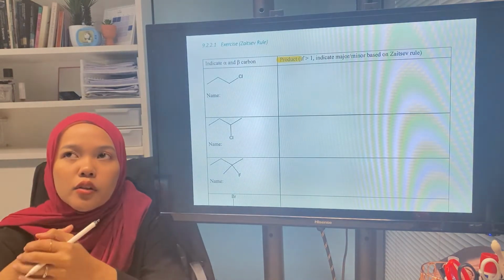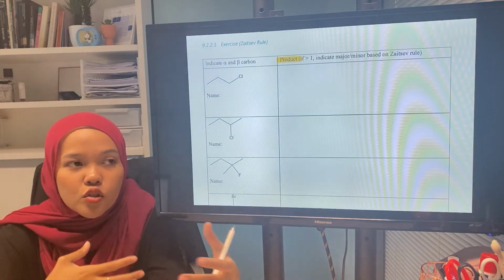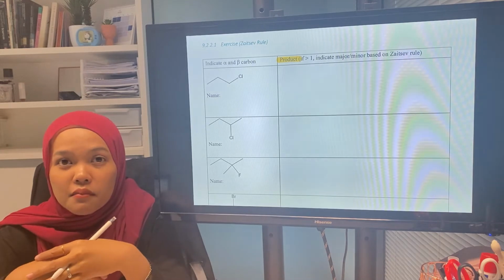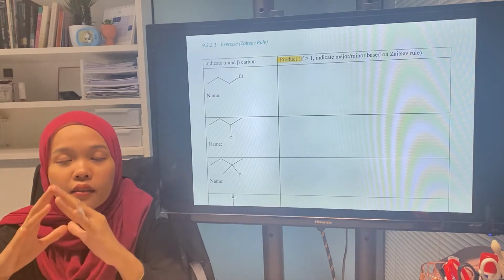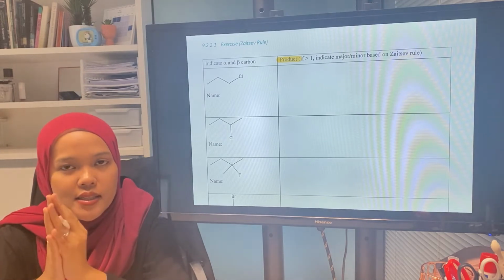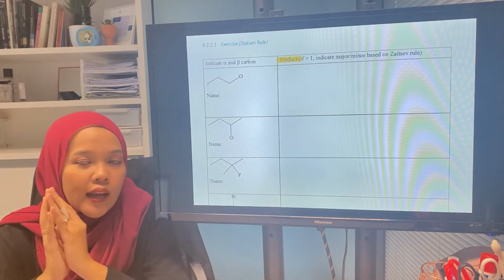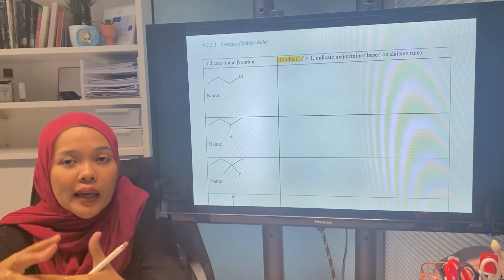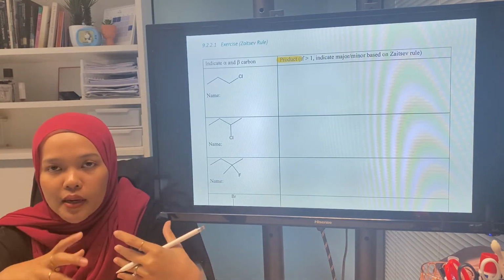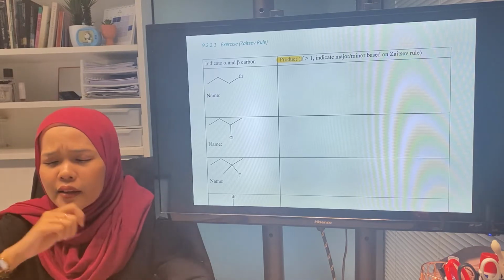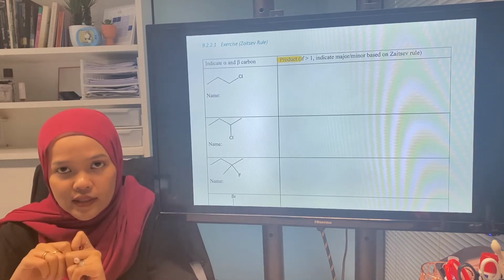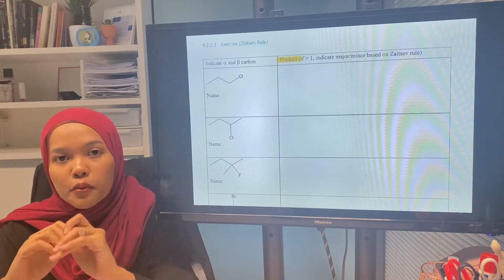As I said, when you look into a question that asks you for the mechanism, do not panic. The first thing you need to do is identify the product, and if it can have major or minor, identify which one is major and minor.